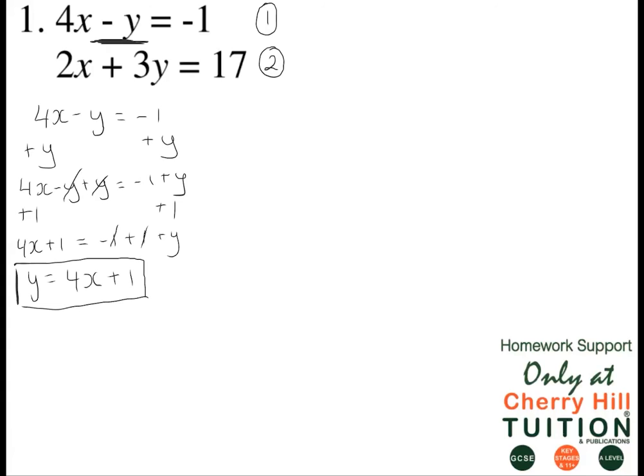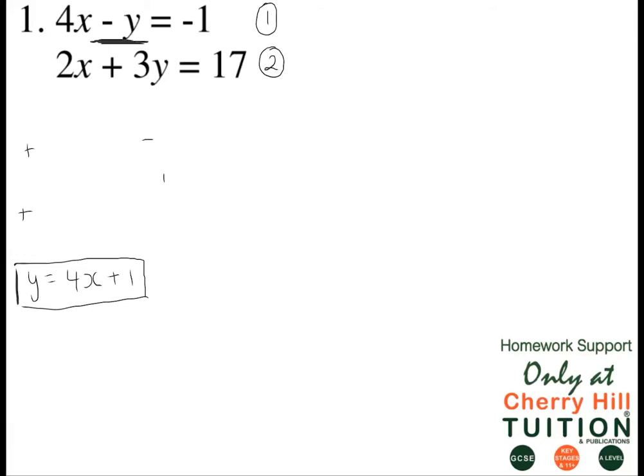So let's just rub the above working out so we can have some more space to work through this question. So let's label this as equation 3.